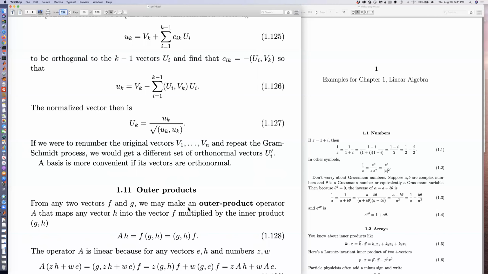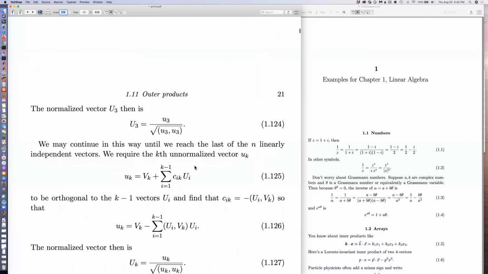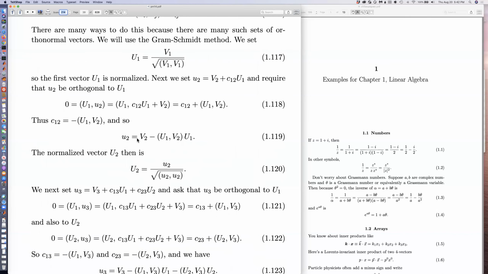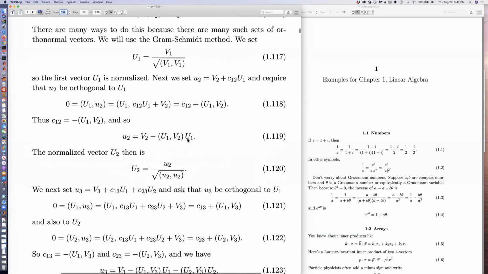Okay, we've got a question here. When you normalize U3, why is the inner product in the denominator rather than U3 squared? Well, when you normalize, let's go back. We know what U2 is, it's this.